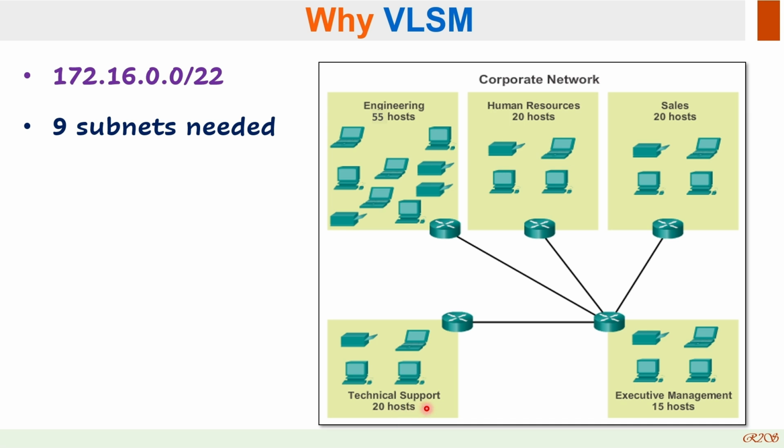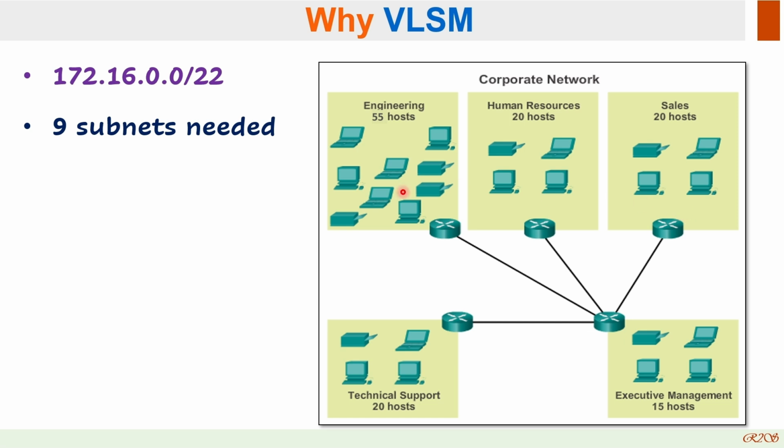Also, the 2 routers connected to each other have a network, and for these networks we need a maximum of only 2 IP addresses. So in real networks and organizations, you have different networks with different sizes.